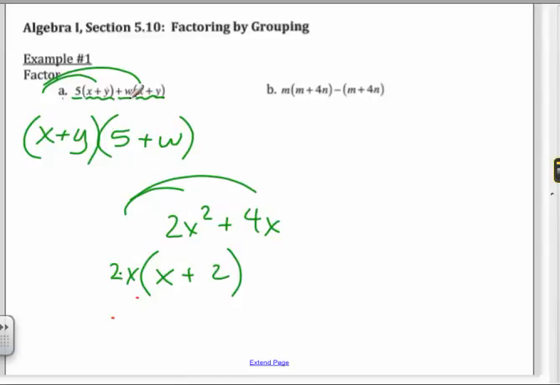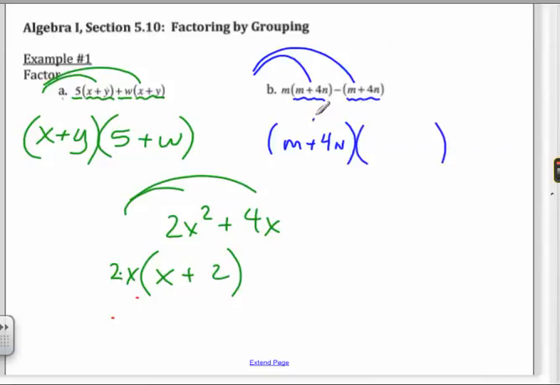All right, so let's look at B quickly. How many terms? Two terms. Do they have anything in common? No, that's not what's in there that's common. They both have the quantity m plus 4n. So I'm going to factor that out, and I'm going to put it up front like this.